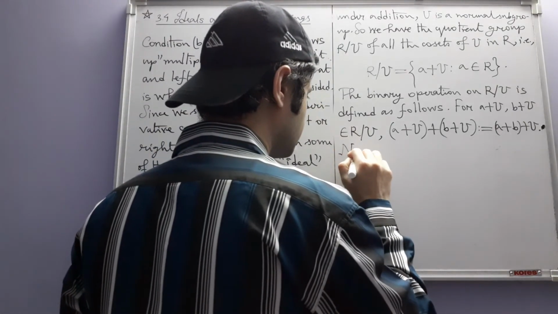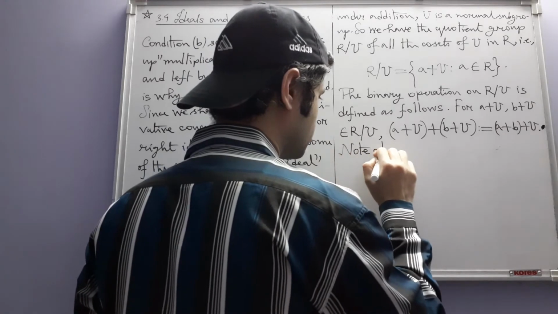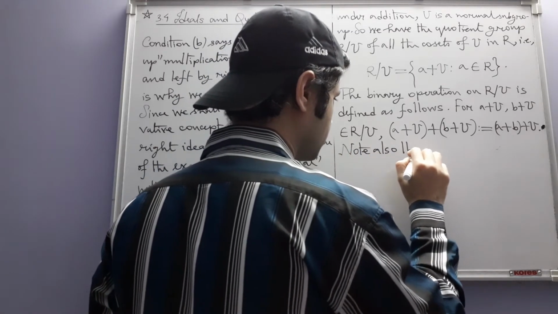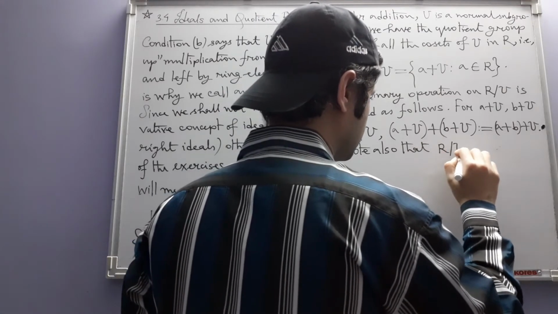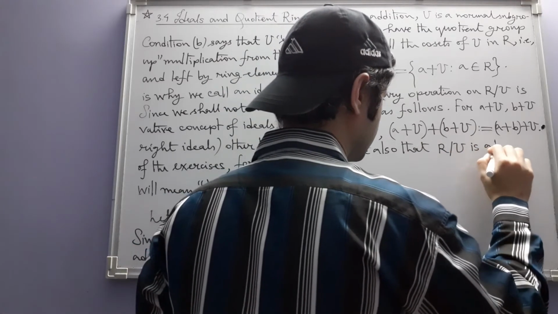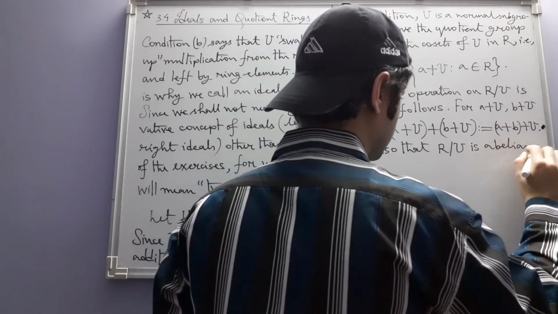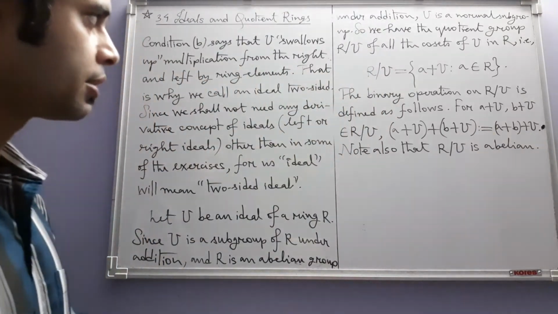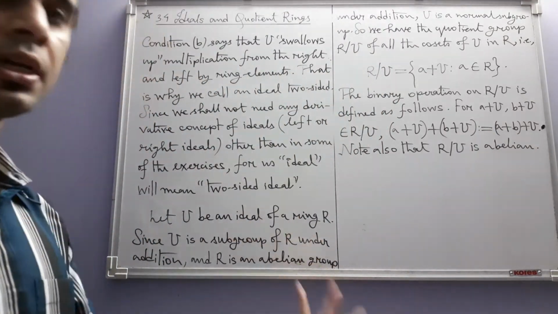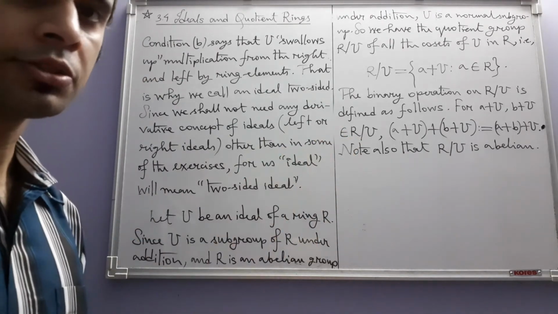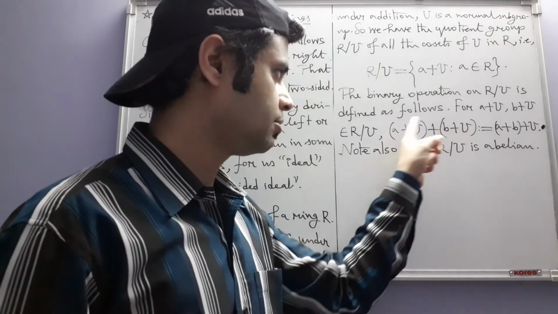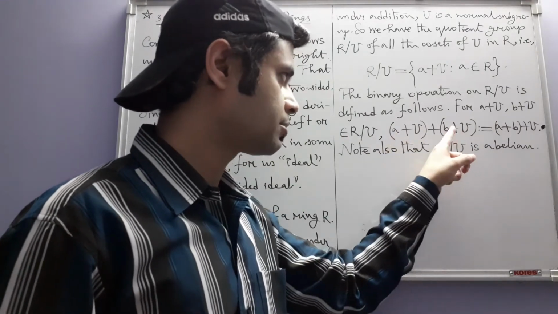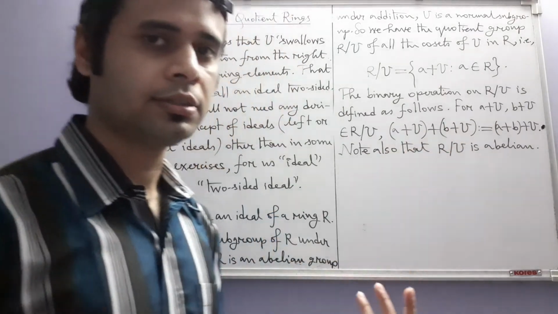Note also that this is abelian. Why? Because the additive group R itself is abelian, so the quotient group is also abelian. This operation is abelian, so whether you add this to this or this to this, they are the same.